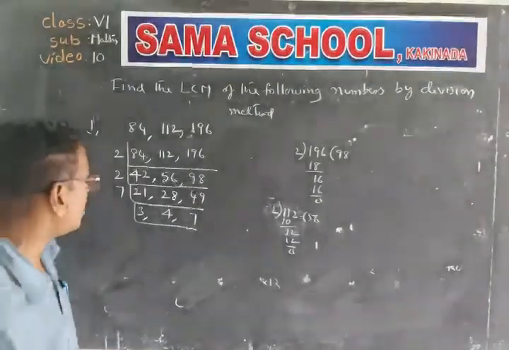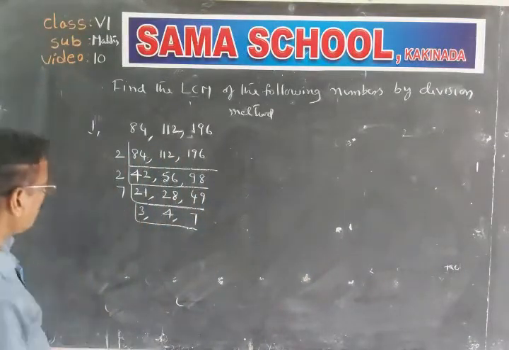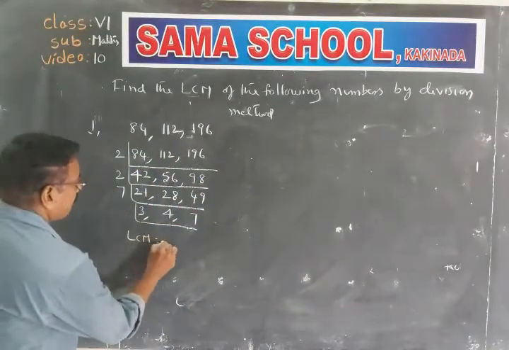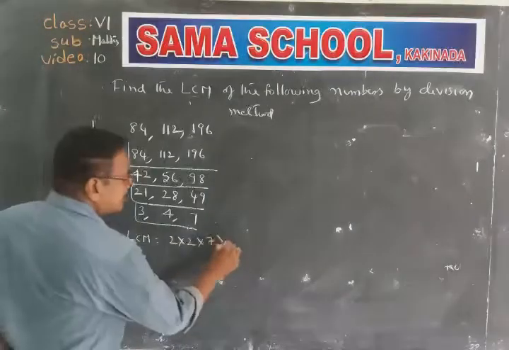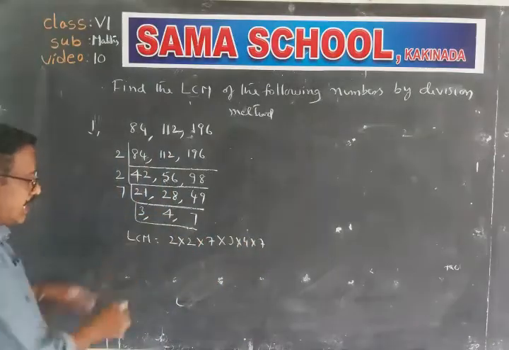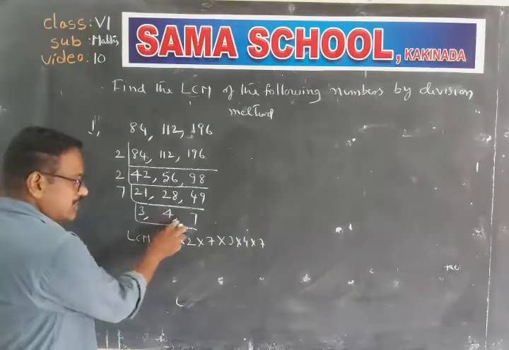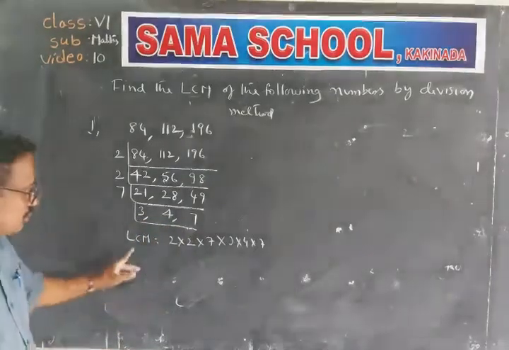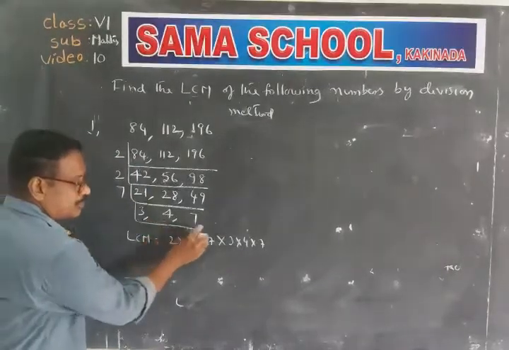Now the LCM is equal to the product of the numbers: 2 into 7 into 3 into 4 into 7. In 3, 4 and 7 the only common factor is 1, so that's why we take the product of 2, 7, 3, 4 and 7.